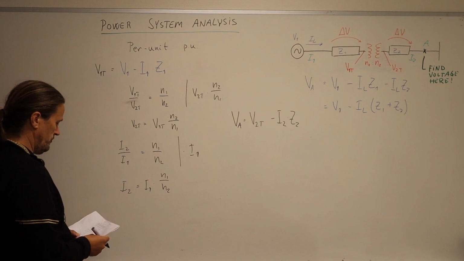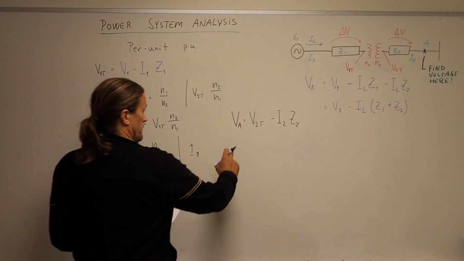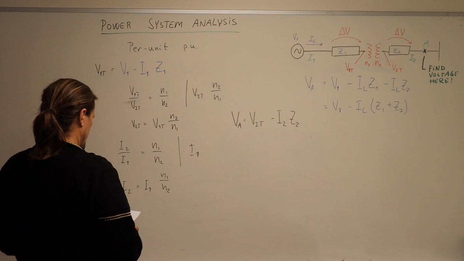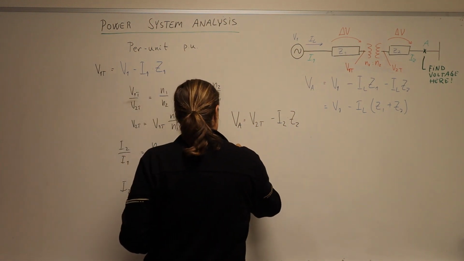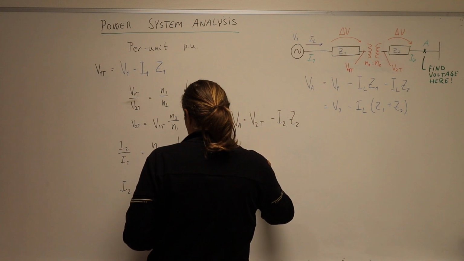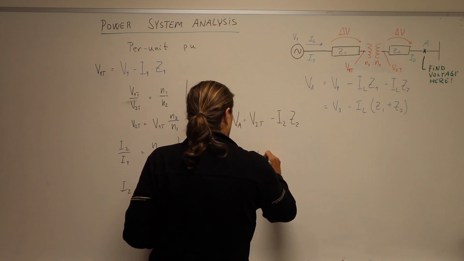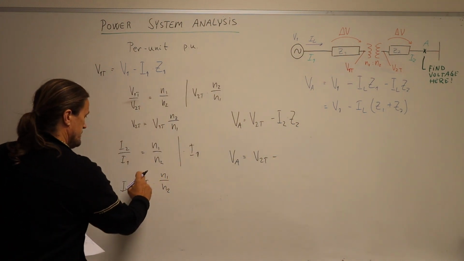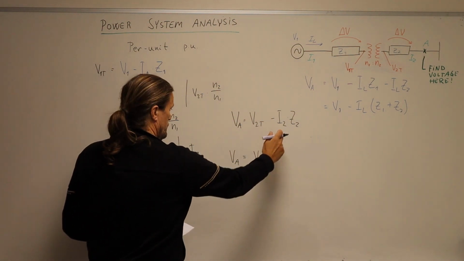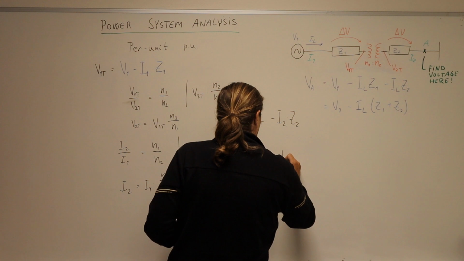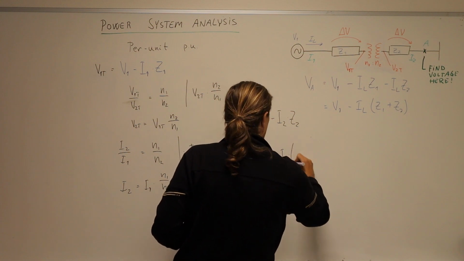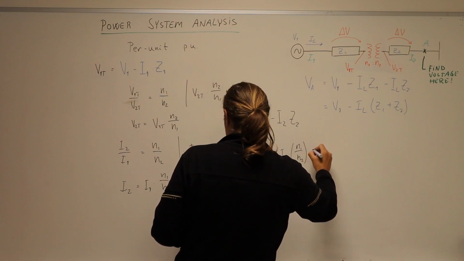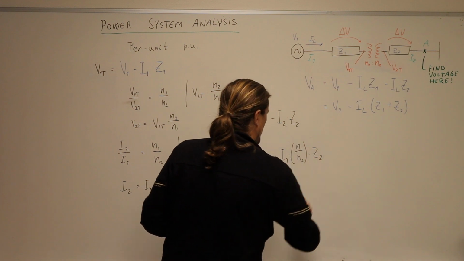And then we're back to VA, so we have VA equal to V2T minus I2 times Z2, and that is then going to be VA equal to V2T minus this relation here for I2, which is I1 times N1 over N2 times Z2.